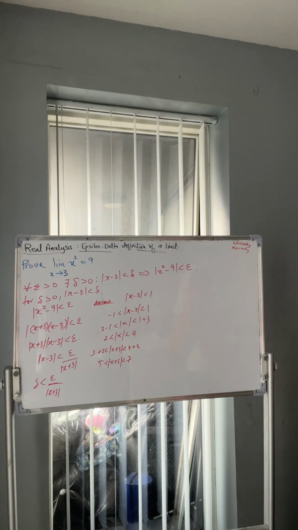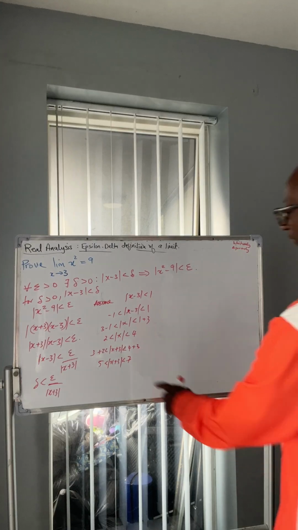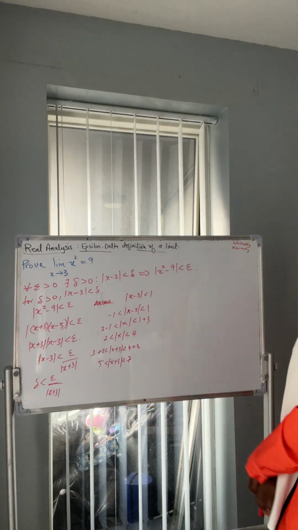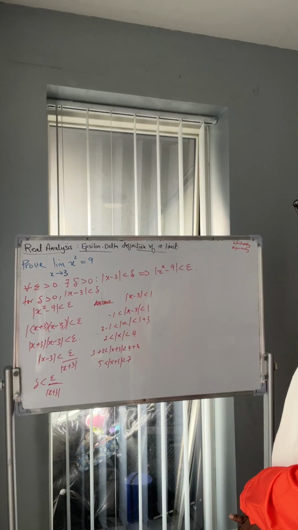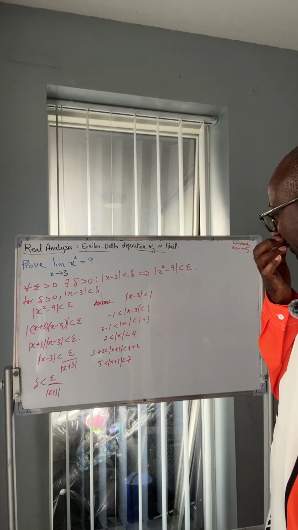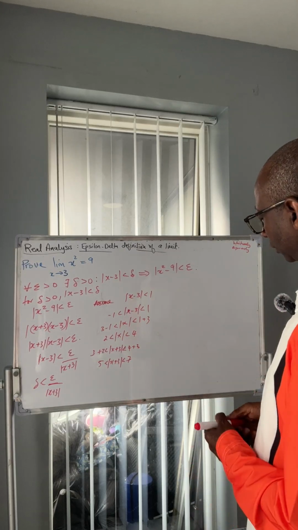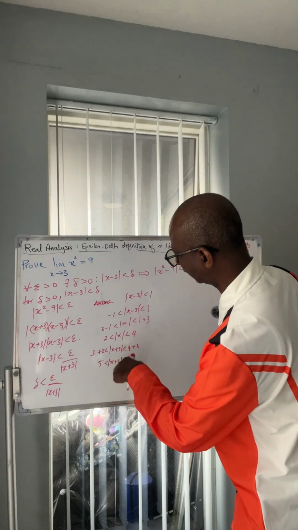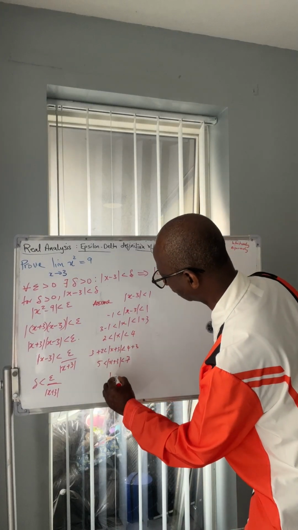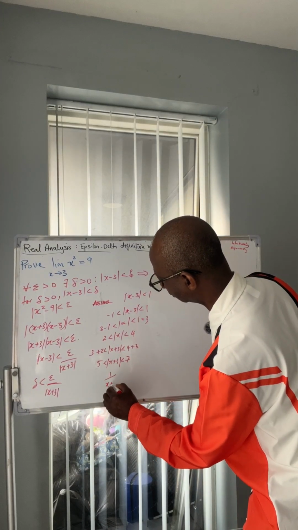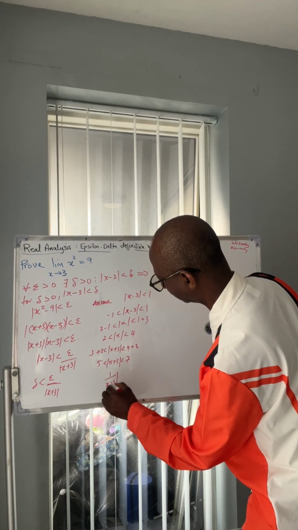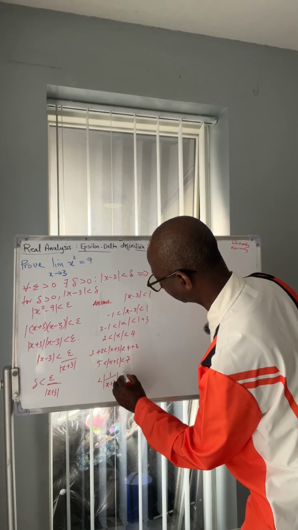But we want it to be a fraction, as it is a fraction here. We want it to be a fraction. So if you divide everything by 1, let's say 1 all over x plus 3, we still have this thing.